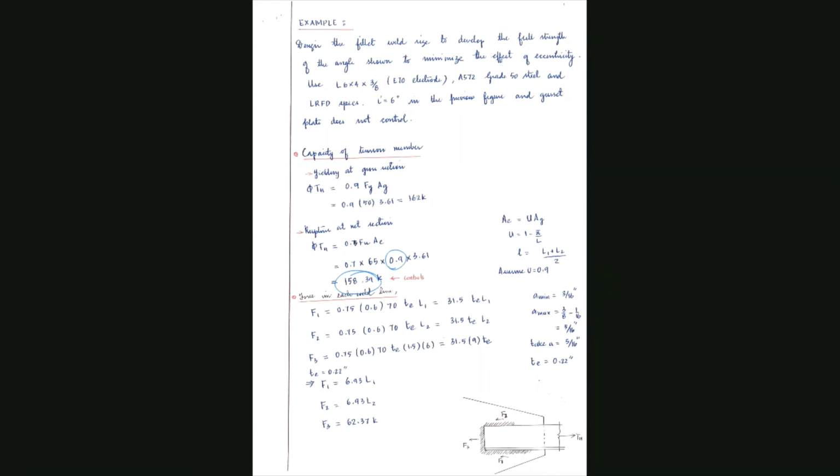Now the value that we got is 0.87. So the capacity, when you calculate 0.75 times 65 times 0.87 times 3.61, is 142 kips when you put the value of U as 0.87, but you had already designed it for 158, which means it is safe.